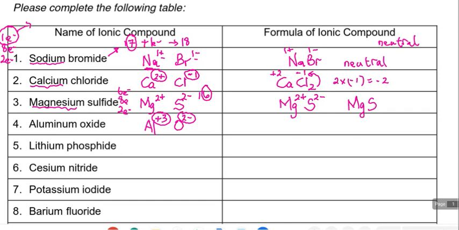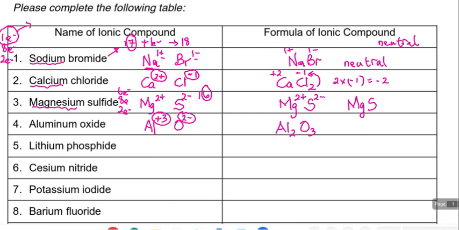So I need to ask myself, how many aluminums is going to give me a charge of +6? Well, if I had 2 of them, 2 times +3, that would give me a +6. And if I had 3 oxygens, well, 3 times -2, that'll give me -6. So the pluses and minuses are going to cancel out.